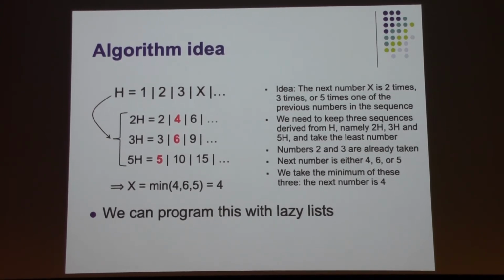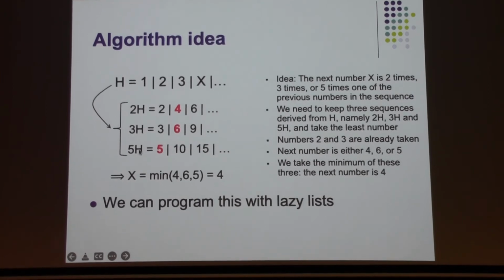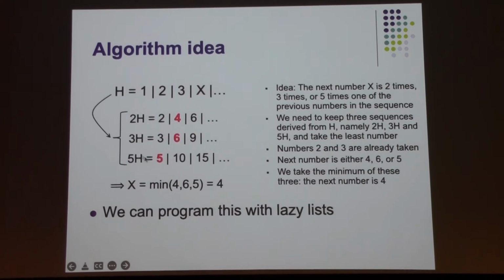And so we derive 3 sequences, 2H, 3H, and 5H. 2H is twice the elements: 2, 4, 6. 3H is where we multiply them by 3, and 5H by 5. So we have these 3 sequences, and we look at them. Notice 2 and 3 are already taken.